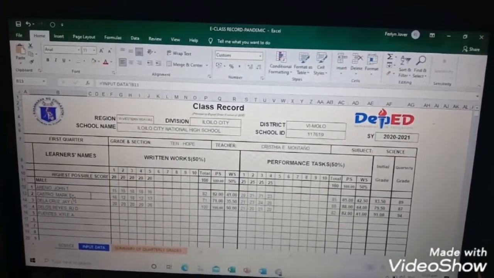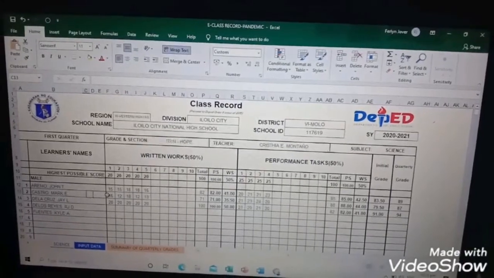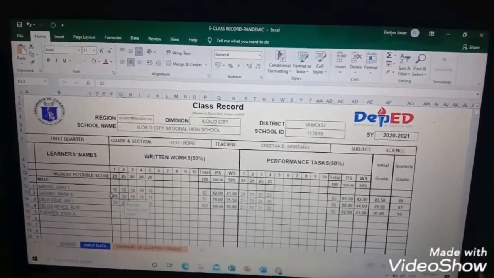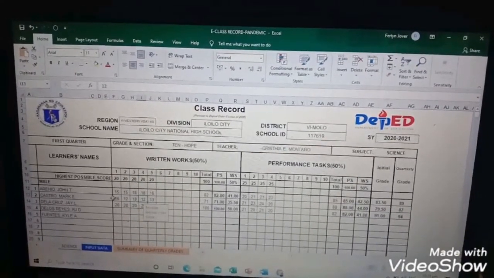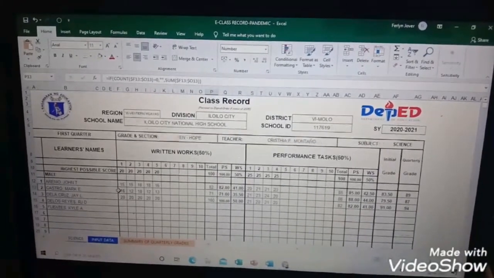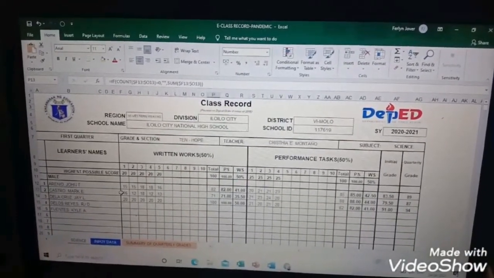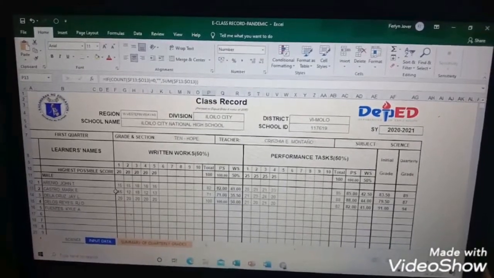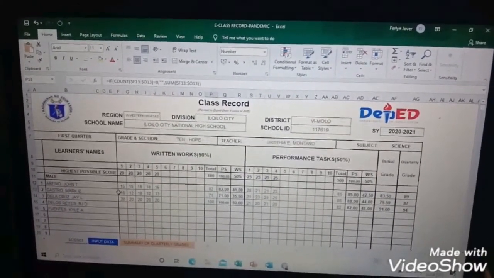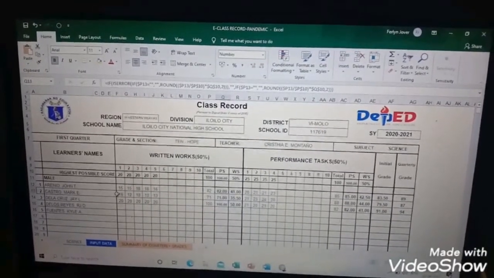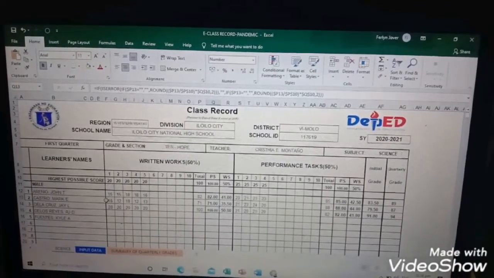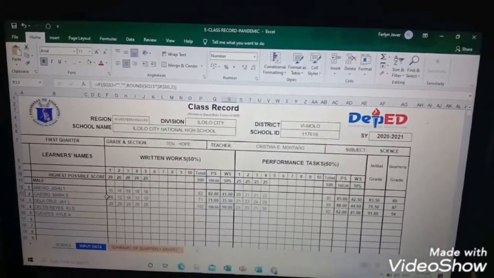Here we have student number 2. In written works, first he got 16, second 12, third 18, fourth 12, fifth 13, with a total of 71 out of 100. 71 divided by 100 equals 0.71, multiplied by 100 equals 71.00, and multiplied by 0.50 equals 35.50.